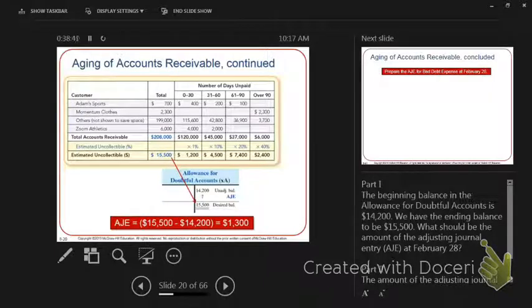So the 14,200 is what's already in the allowance for doubtful accounts, but we just looked at the aging of accounts receivable and realized it really should be 15,500. So we're going to make a journal entry now for $1,300. Not for 15,500, which you guys like to do, but for 1,300.